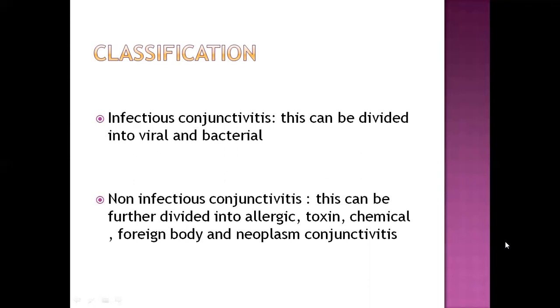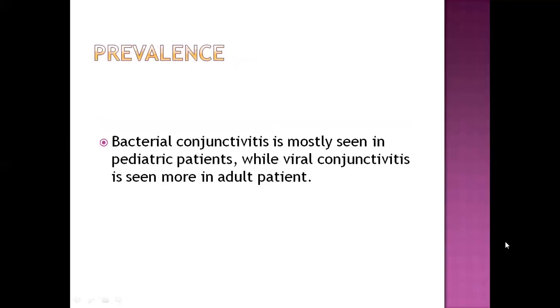Infectious conjunctivitis can be divided into viral and bacterial, and non-infectious can be divided into allergic, toxin, chemical, foreign body, and neoplasm conjunctivitis. Because of neoplasm also, people can suffer from conjunctivitis. About the types, we further will explain the features of each type of conjunctivitis. This is just the introduction part.